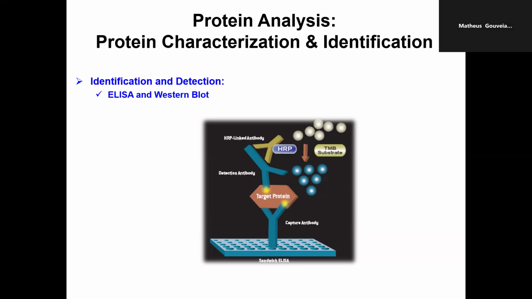ELISA is mostly used not just to determine immunoreactivity, but to identify protein in the food form. So if you want to identify the presence of a particular protein, you can use specific antibodies and use ELISA to determine the presence of, and sometimes the quantity of, a specific protein.